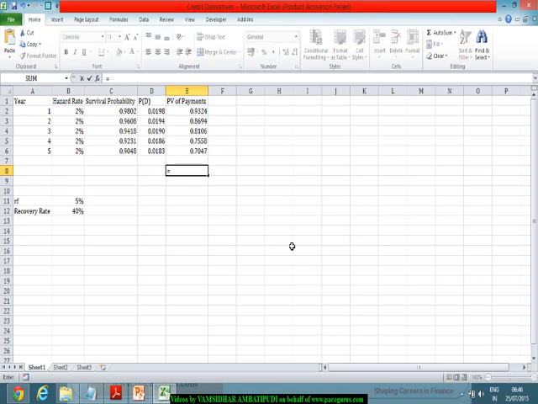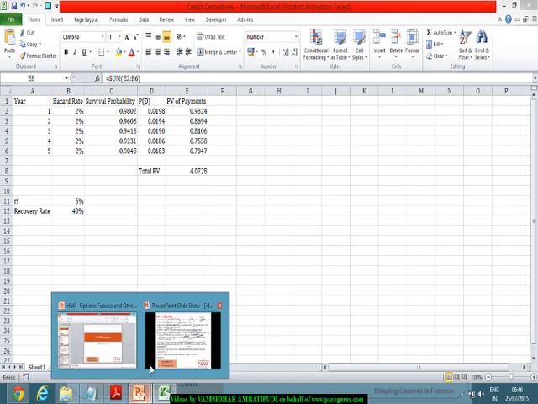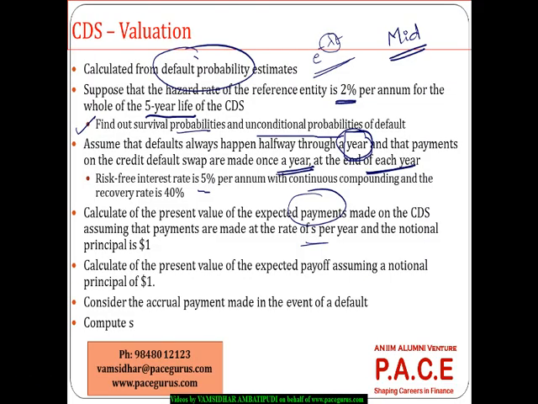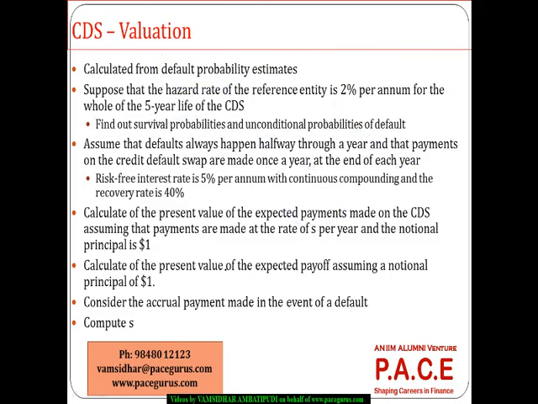So the total present value of all the payments that I am making during the survival period is working out to some 4.0728 S. So this part I'll call it 4.0728 S. So this is the amount that I am making at the end of each year.